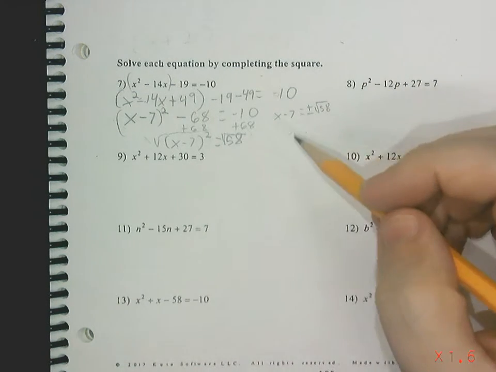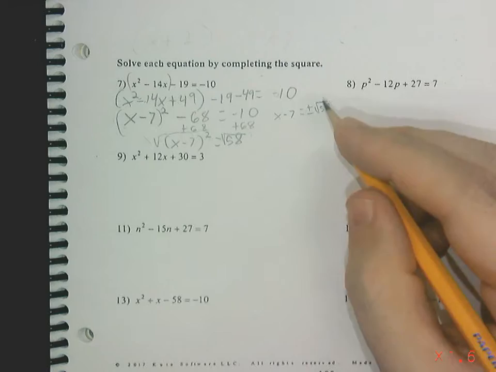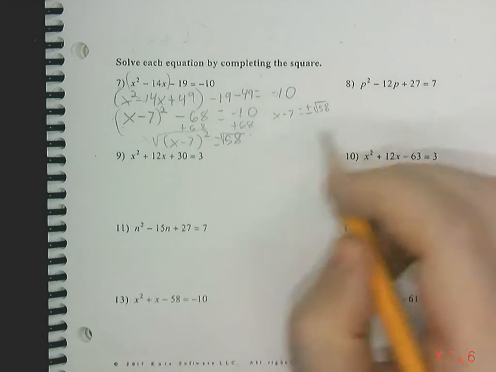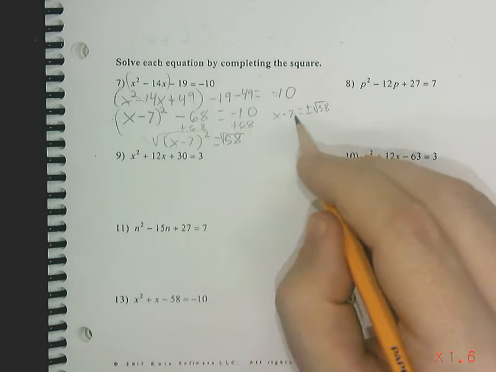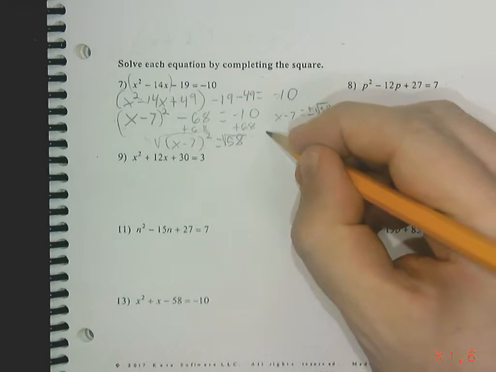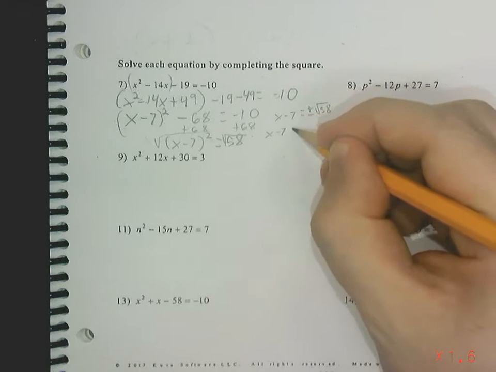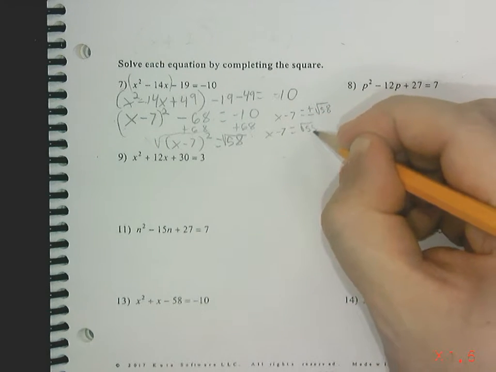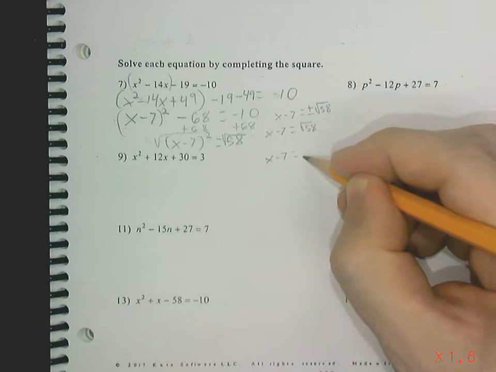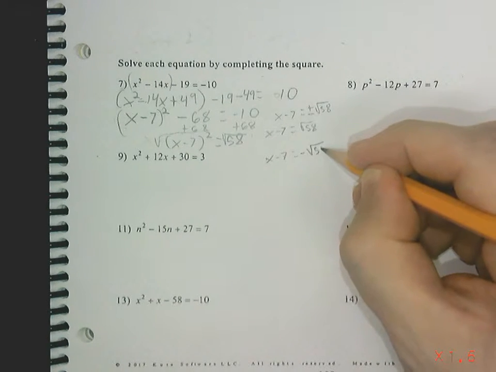X minus 7 is equal to positive square root of 58, and I can't simplify that down anymore, in case you're wondering. And x minus 7 is equal to the negative square root of 58.